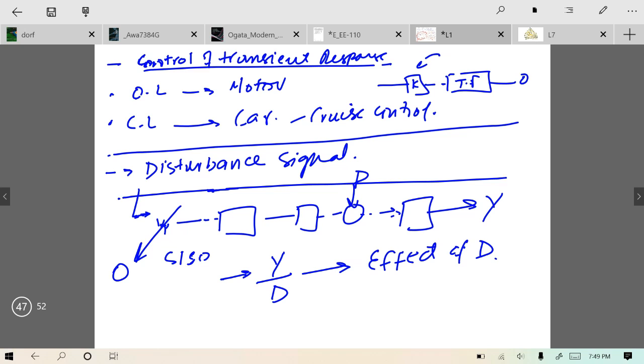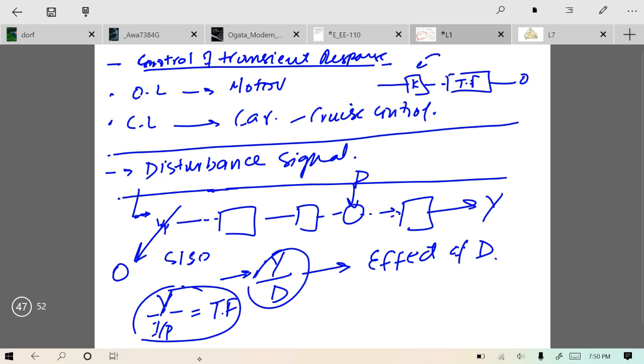The ideal transfer function of the system would be y over input, if there were no disturbance. However, in case of disturbance, y over d is the transfer function with respect to the disturbance when no input is applied. When there is no input, then the output will totally be because of that disturbance signal.